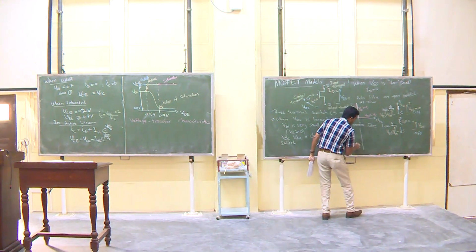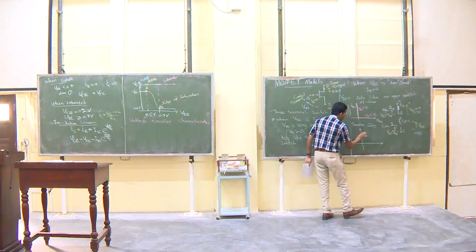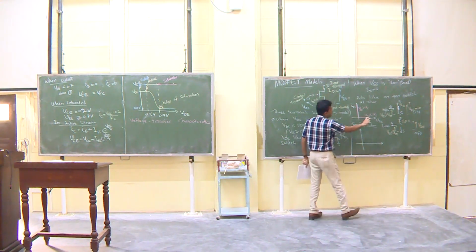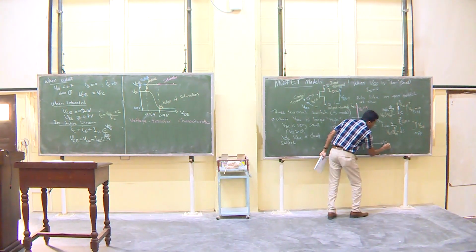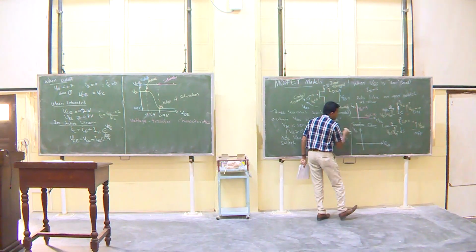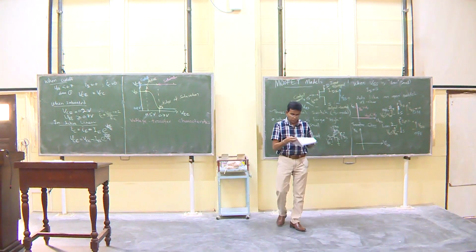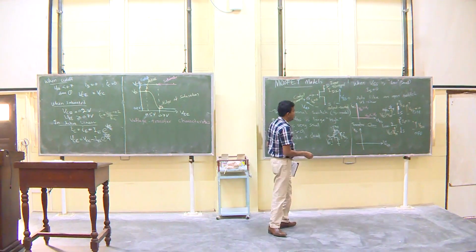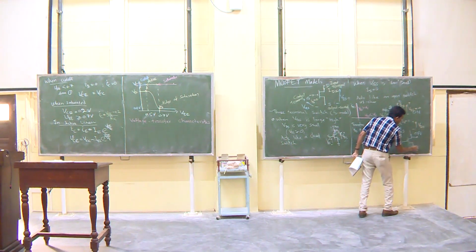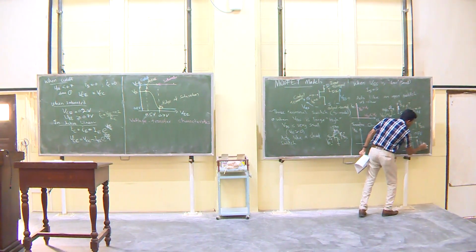Similarly, the transfer characteristics, that is input output characteristics. What is the input here? Input is this. So, therefore, my input is VGS, output is VDS, right. So, this is the circuit, V out, V in.